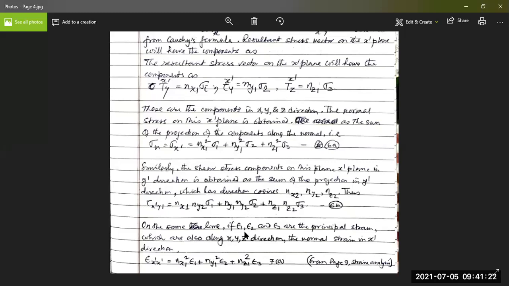At the same time, if epsilon 1, epsilon 2, and epsilon 3 are the principal strains, which are also along the x, y, and z directions, the normal strain in the x dash direction is epsilon x dash equal to nx1 square epsilon 1 plus nx2 square epsilon 2 plus nx3 square epsilon 3.